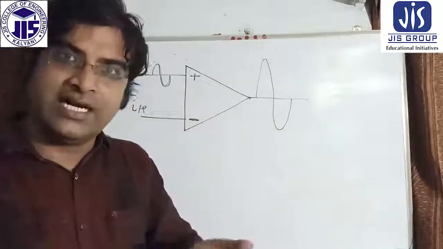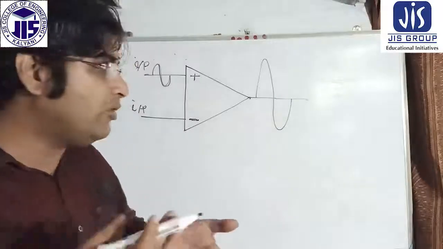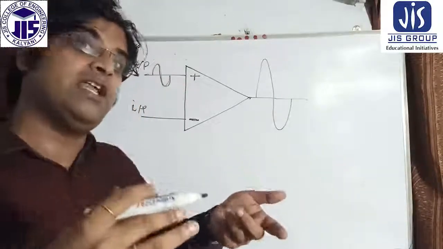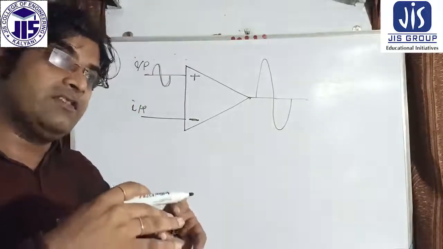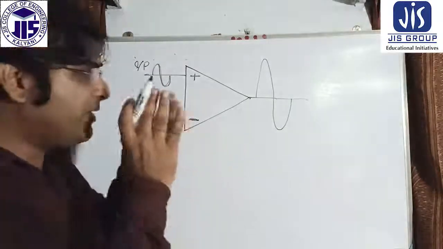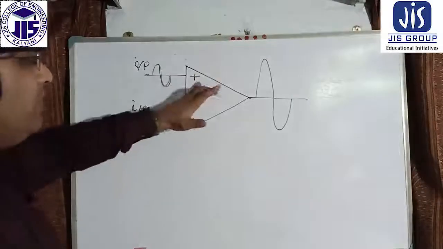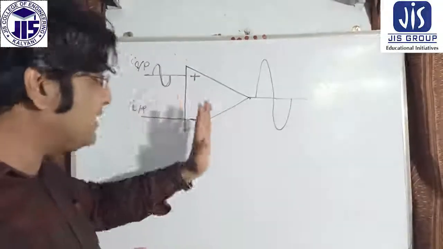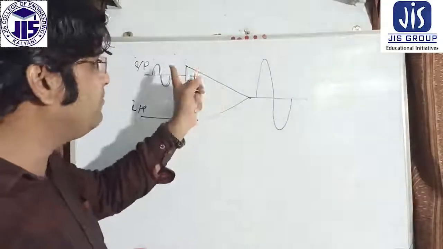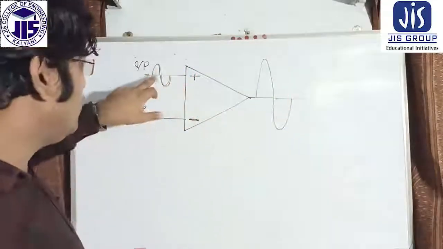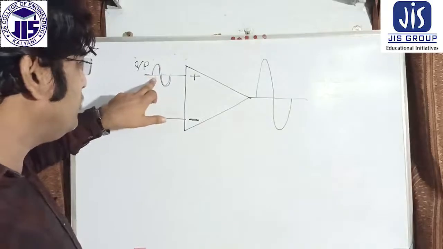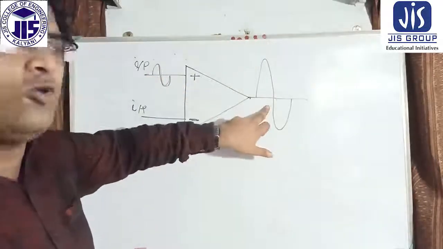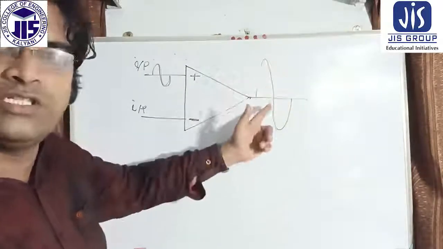I want to understand the operational amplifier at present, and then we can go deeper and understand things faster. To understand the non-inverting and inverting terminals, we represent them this way. This is the input for the non-inverting terminal, and it is amplified in the output. You see, this is amplified.